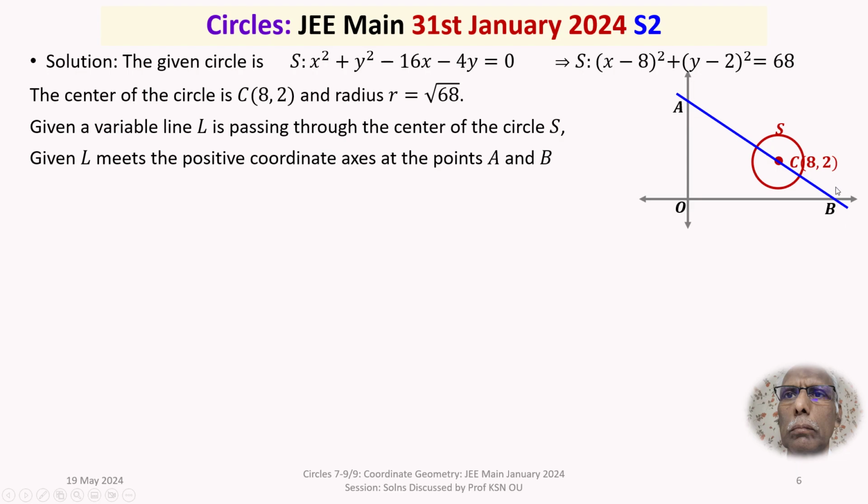And mind you, as this line is a variable line, the A and B will also vary.